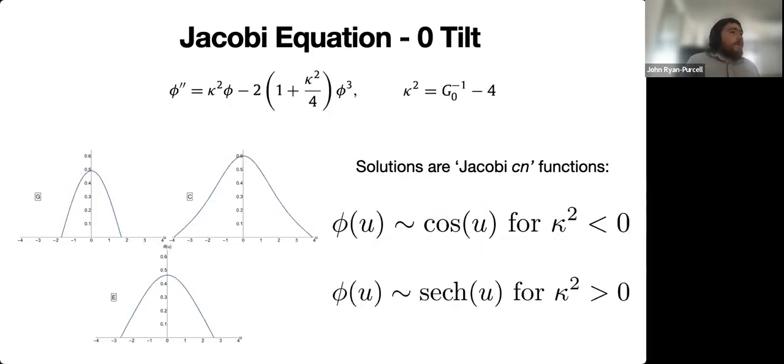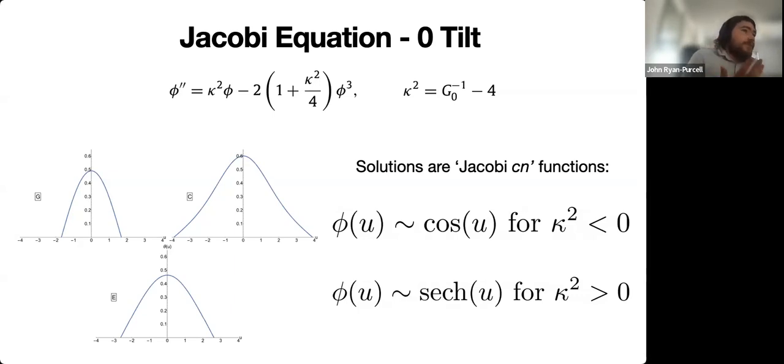All right, so talking briefly about the Jacobi equation and what it shows us: if we have the case where tilt equals 0, the full equation reduces down to a rescaled version of the Jacobi equation. Here we introduce a new way of writing the compressive force of the wall, kappa squared equals 1 over g naught minus 4, because it gives us an insight into how the number of spheres in a system affects the characterization of the buckling.